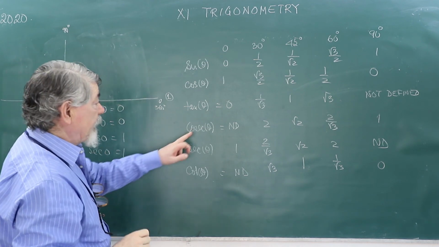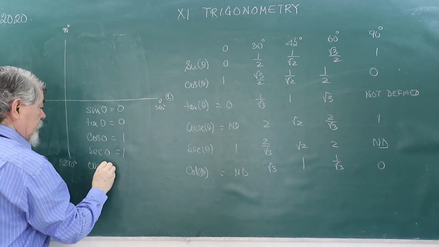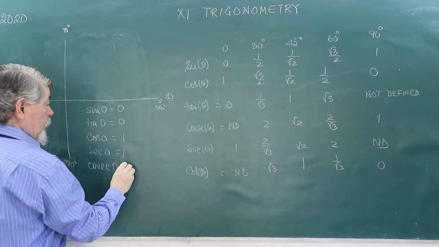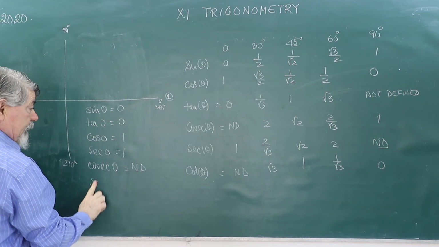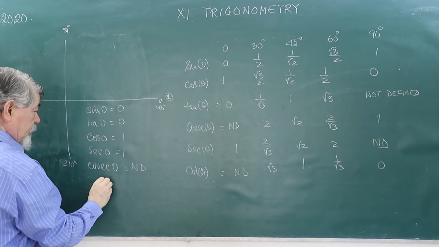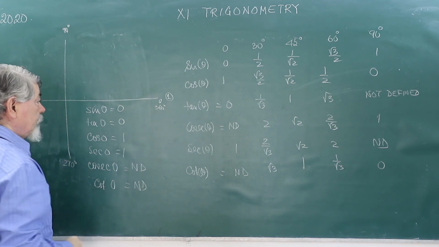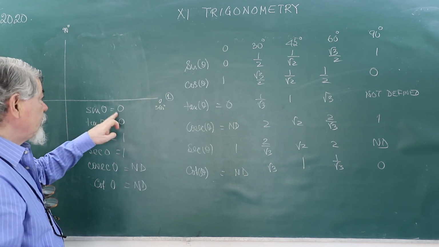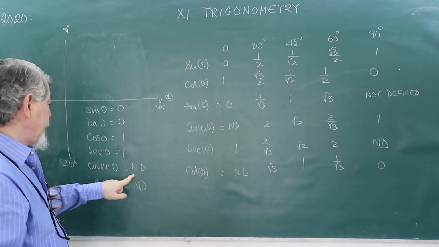And what is not defined? Cosec and cot. Cosec 0 is not defined, and cot theta is not defined. Why? Because sine 0 is 0, so cosec will become 1 upon 0, which is not defined.